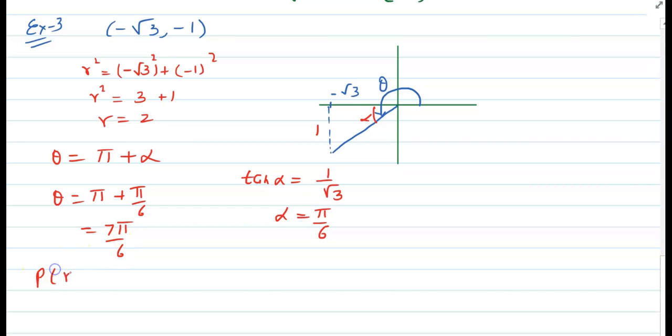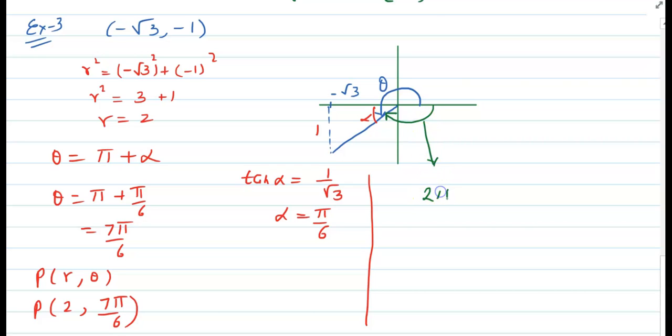So our answer in terms of polar coordinates r and theta will be r is 2 and theta is 7 pi over 6. Now we can do it in a different way as well. If you are going in a negative direction from here, then this angle will be given by 2 pi minus 7 pi over 6.